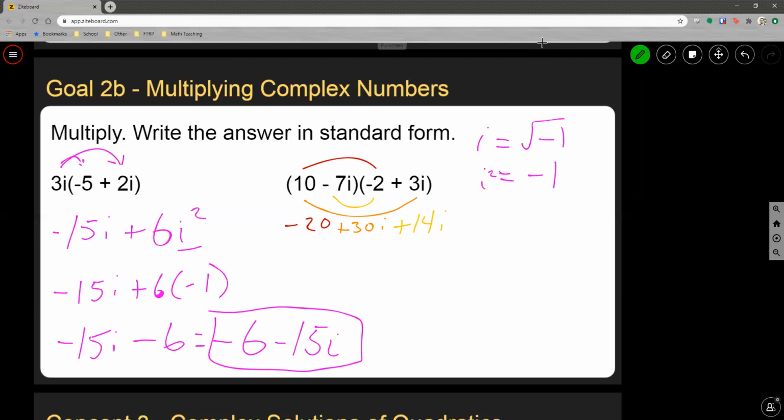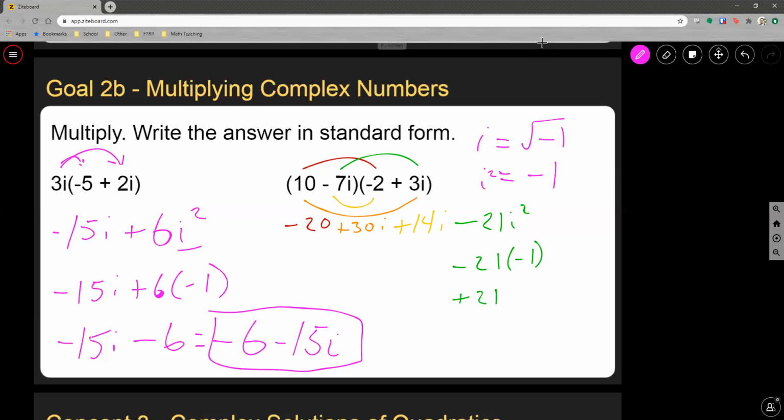And then last, this is the only tough one, negative 7i times positive 3i. Well, negative times a positive is a negative. 7 times 3 is 21. i times i is i squared. Well, remember that i squared is going to become a negative 1. So negative 21 times negative 1 is going to turn it into a positive 21.